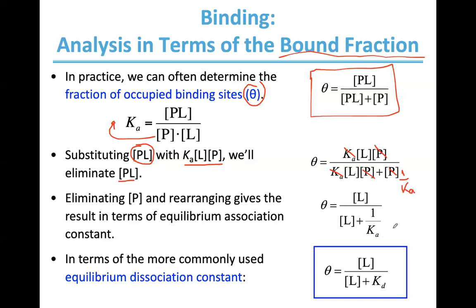And remember, KA is the reciprocal of KD. And so this is our final expression. The bound fraction will be the ligand concentration over the ligand concentration plus the dissociation constant.